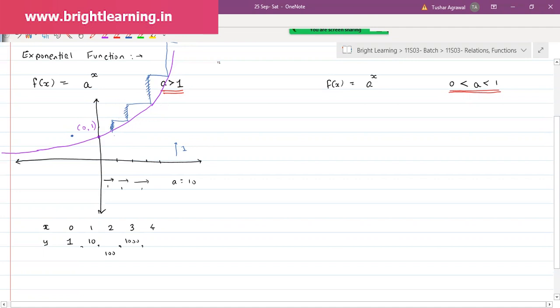These are the corresponding images of x equal to 1, x equal to 2, x equal to 3, x equal to 4. For the jumps along x, see how much difference there is in the y-axis direction. That is the difference of 1 and 10, 10 and 100, 100 and 1000. That is increasing. So the graph is something like this.